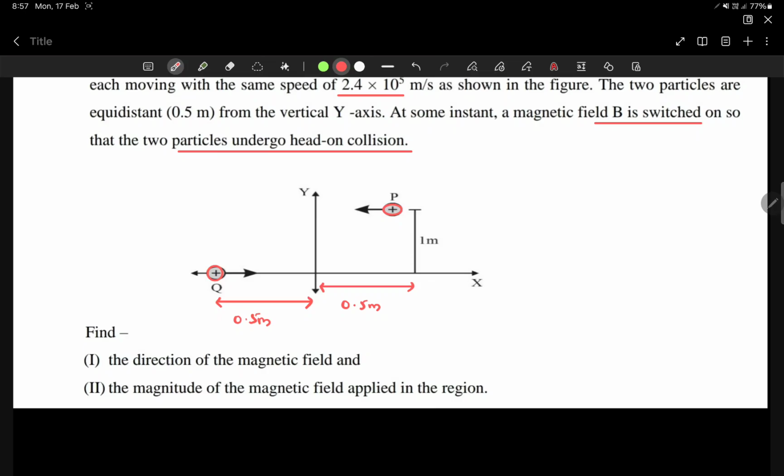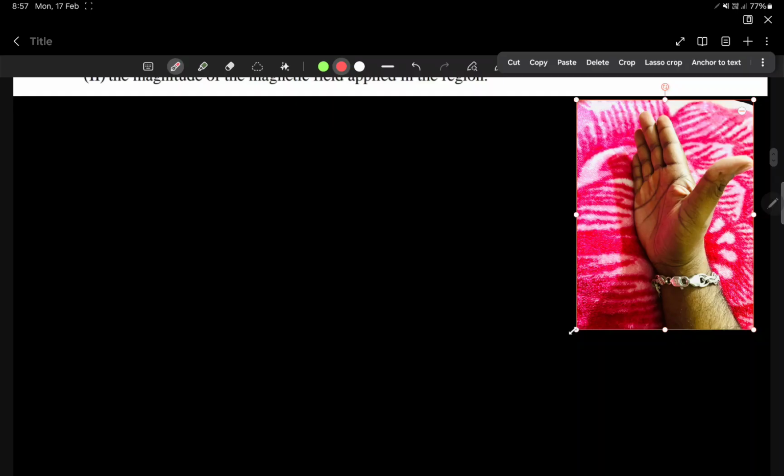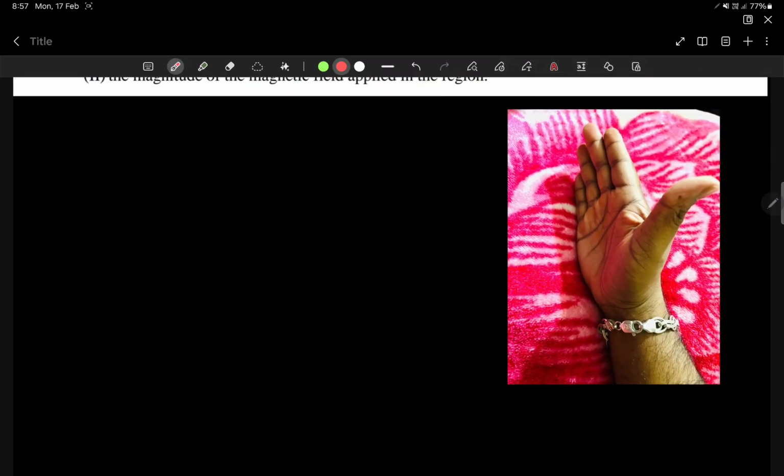The substitute of Fleming's left hand rule is the right hand palm rule. See this diagram. What do we mean by the right hand palm rule? It is a shortcut method for Fleming's left hand rule, and we can term it the right hand palm rule.